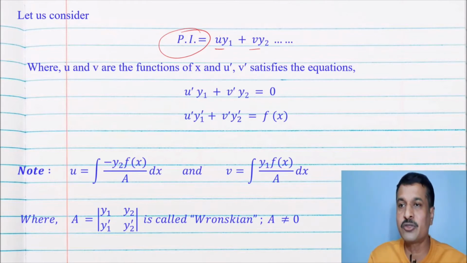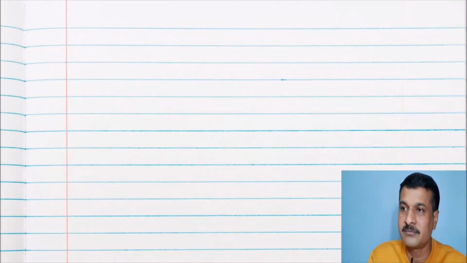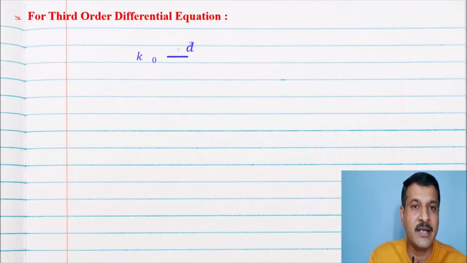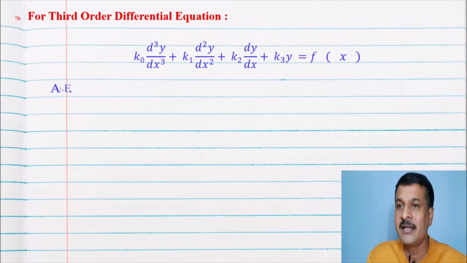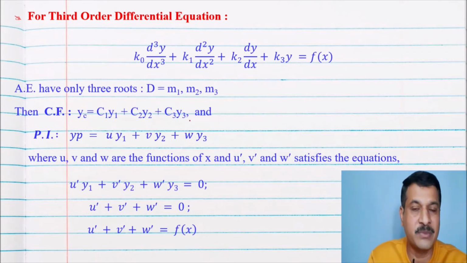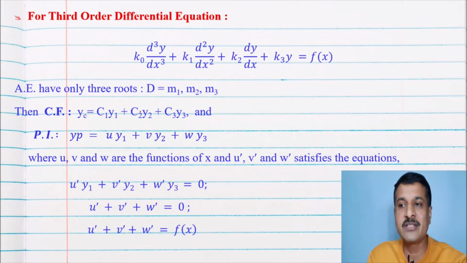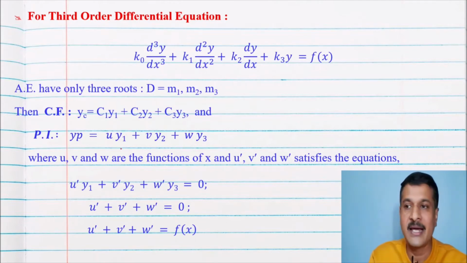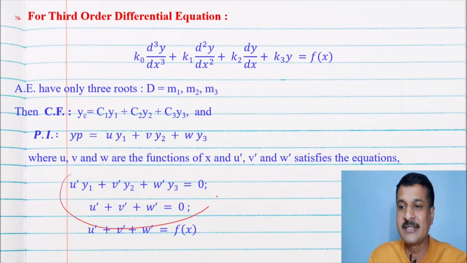Suppose it is a third order differential equation, then again you find the CF, that is C1 y1 plus C2 y2 plus C3 y3 by our usual method, and these constants C1, C2, C3 are replaced by u, v, w. Definitely these u, v, w are functions of x which satisfy these three equations.